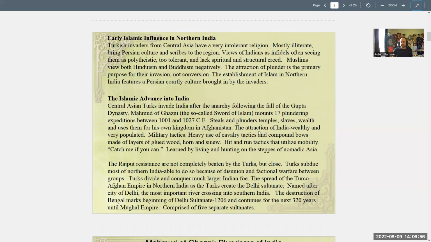We're going to see how Islamic influence is going to change India, but before we talk about that, we'll talk about the actual conquest itself. In about 1000, we have a series of invasions from Afghanistan led by a man named Mahmud of Ghazni, who had the nickname the Sword of Islam.